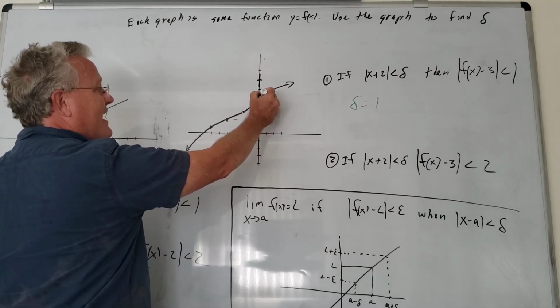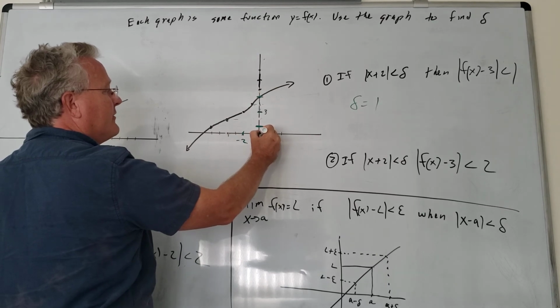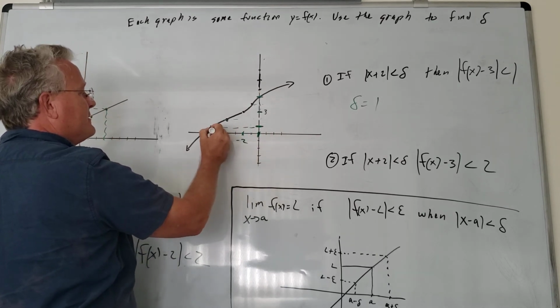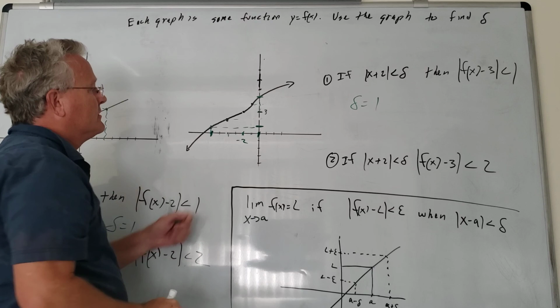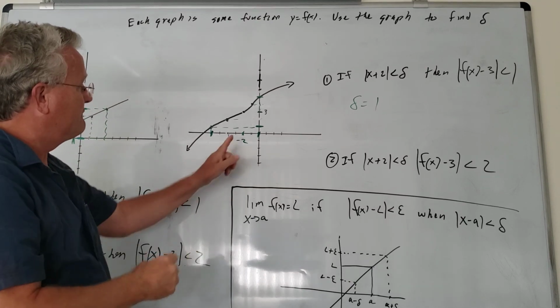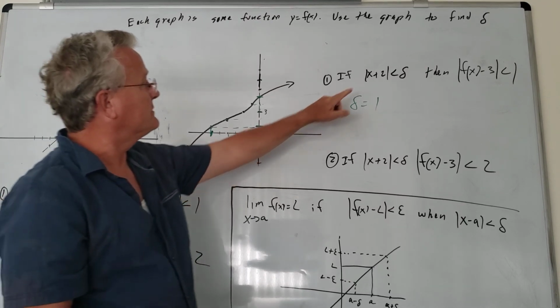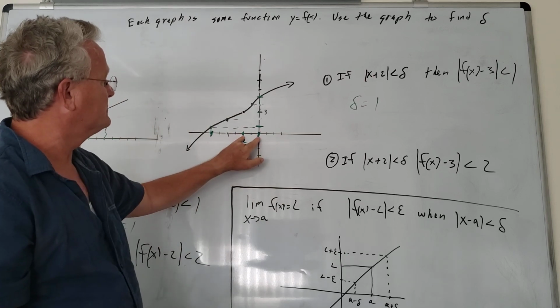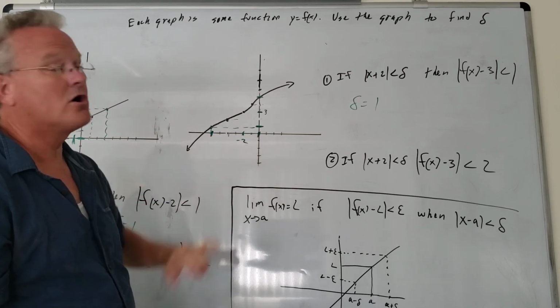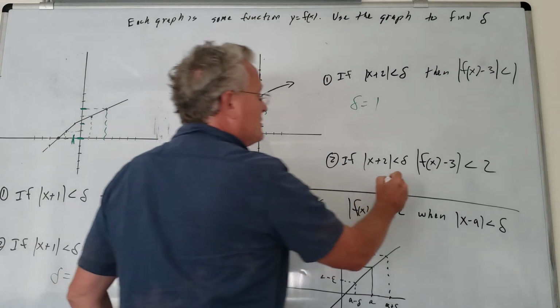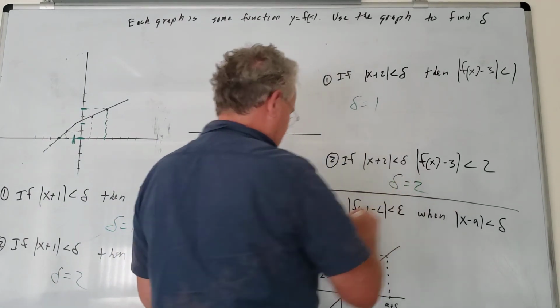Well, I'm at the graph, so I just go down to 0. Go to my graph and down. Look to the left and right of my limit. X is -2. This distance is 2. This distance is 4. 2 is less than 4, so the value of delta here is 2.